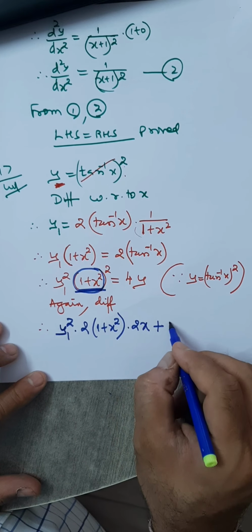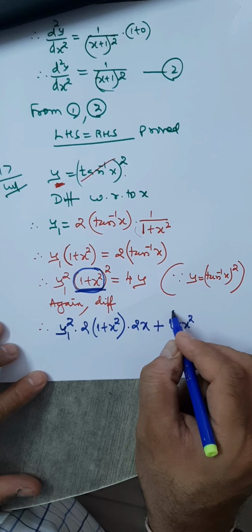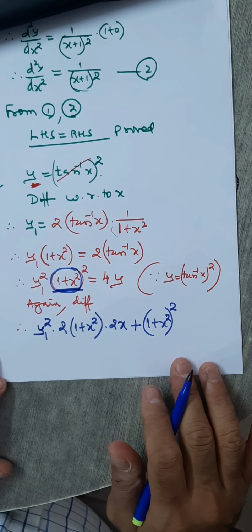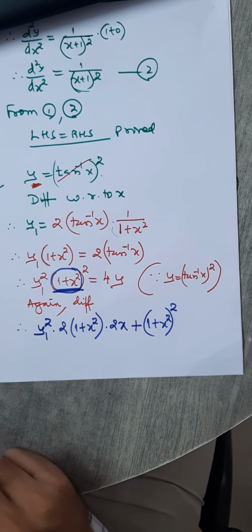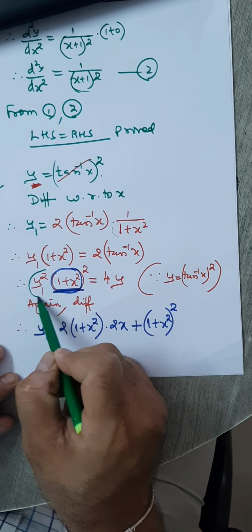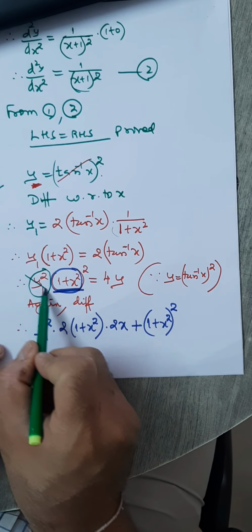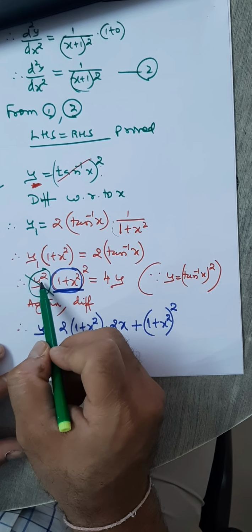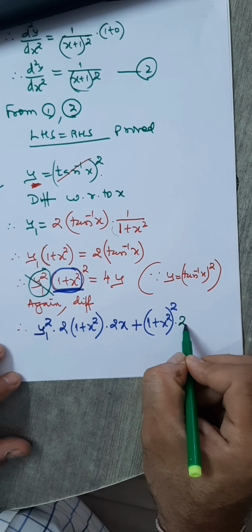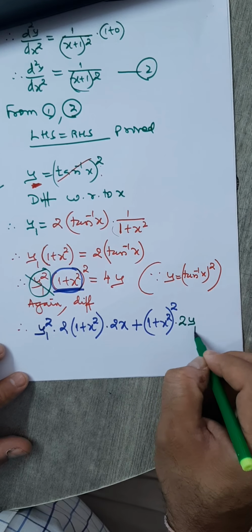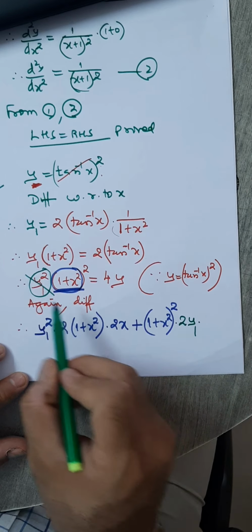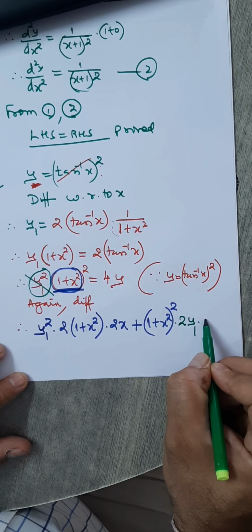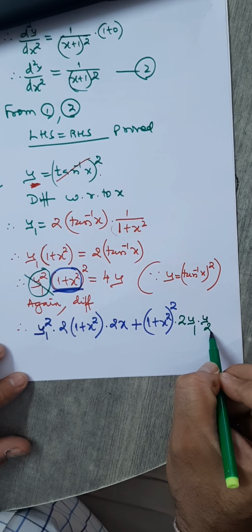Plus, now (1 plus x squared) the whole square as it is. Differentiation of which portion now? This one. Differentiation of y1 squared. Now again you need to imagine y1 as x. So this looks like x square. What's the derivative of x square? 2x. So 2y1 into, by chain rule, derivative of y1. Derivative of y1 with respect to x is d square y by dx square, which is y2.